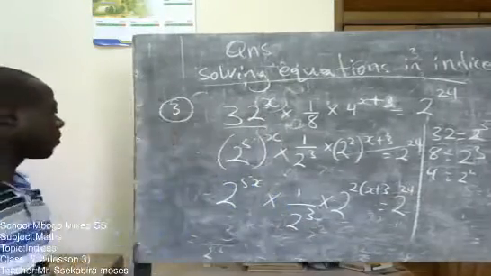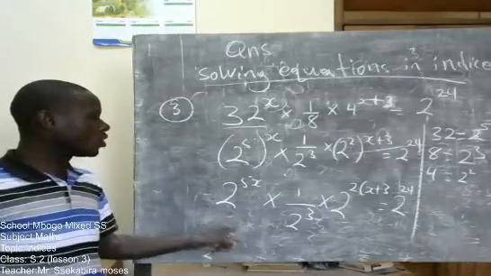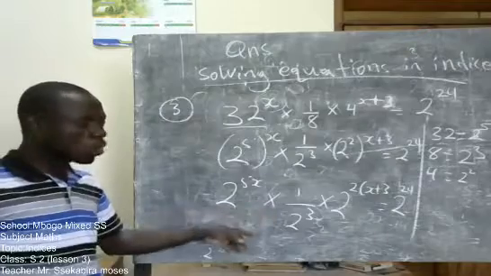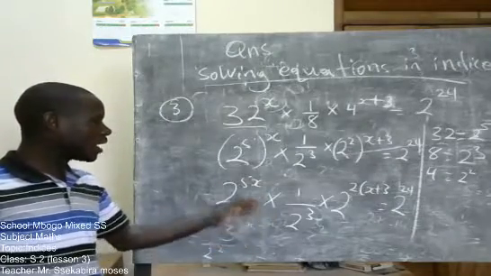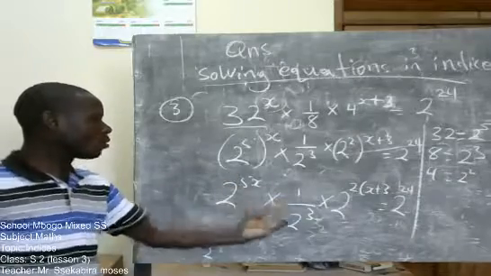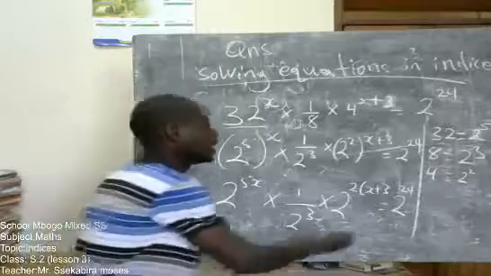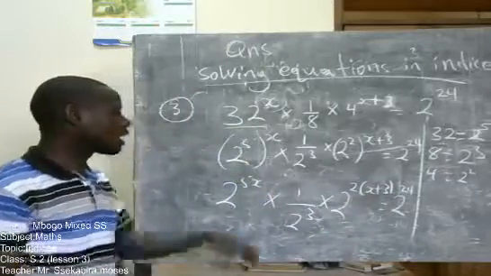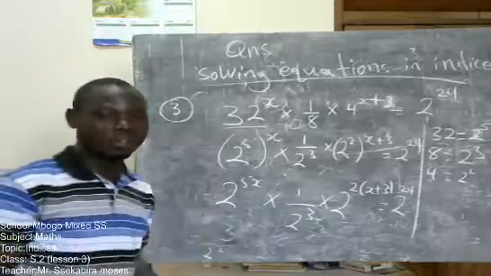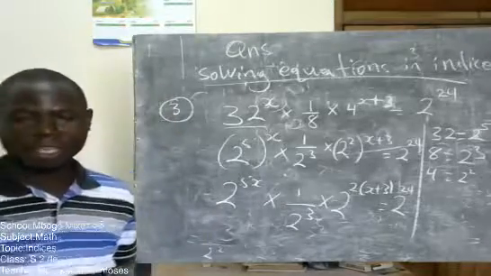Now for me, I'm going to stop from here. I want you to continue with this solution until you get the value of x, but make sure you apply the rules governing the indices, more especially on this side, and complete this question such that you get the value of x.